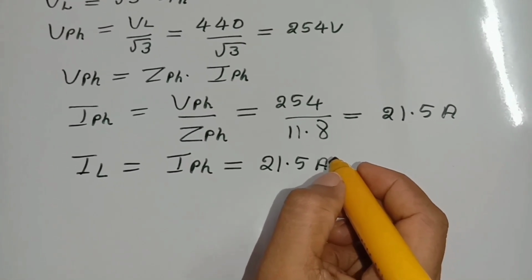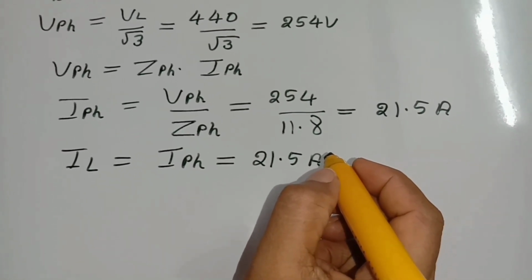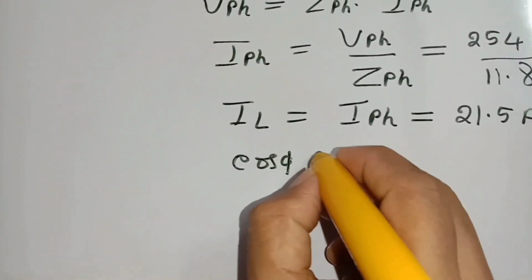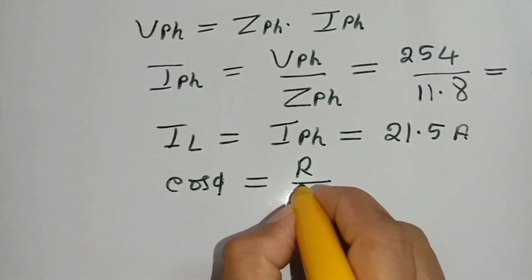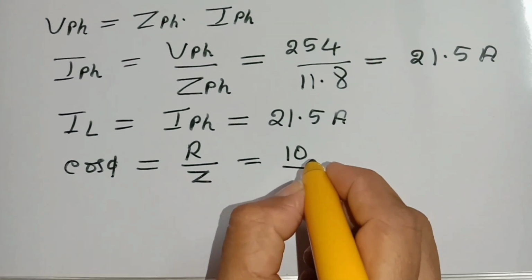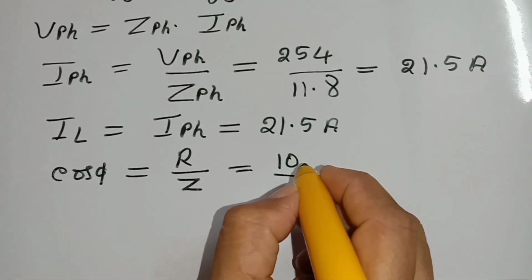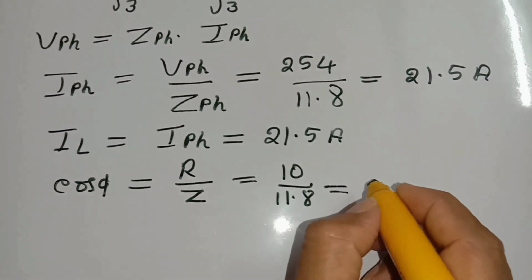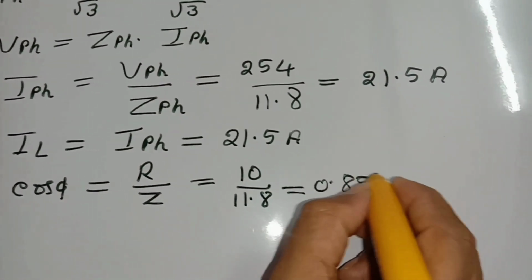Now, the problem is to find out the power consumed by the load, for which you have to find out first power factor of the circuit. So, cos phi is equal to R divided by Z. You substitute R is 10 divided by Z is equal to, we get it as 11.8. So when you simplify, the power factor will be 0.85.